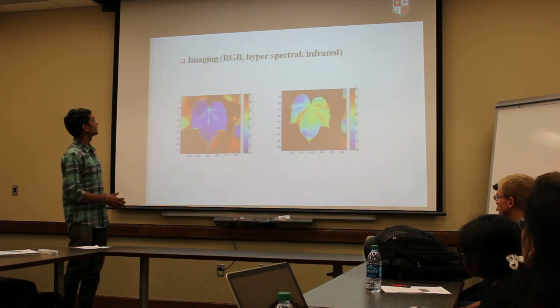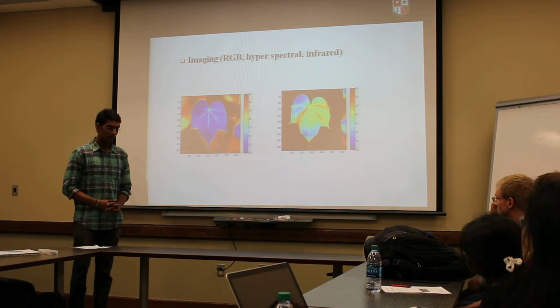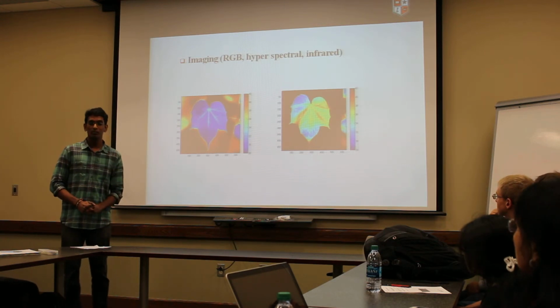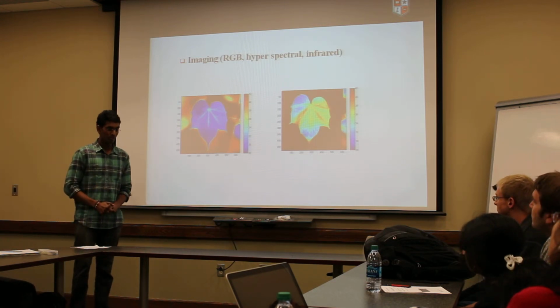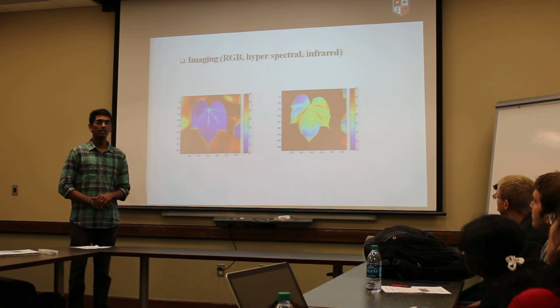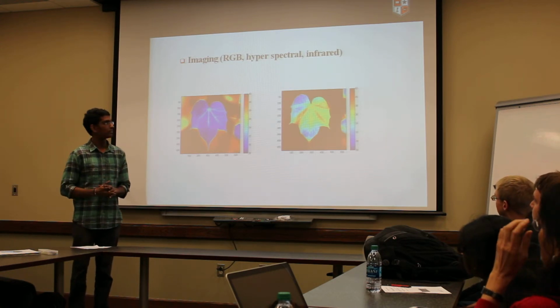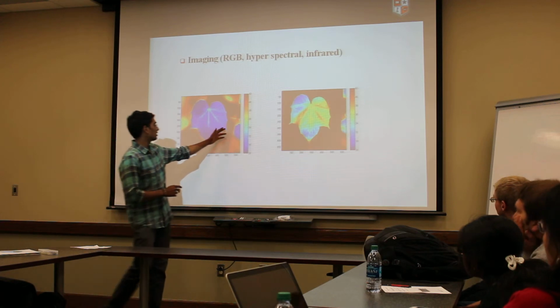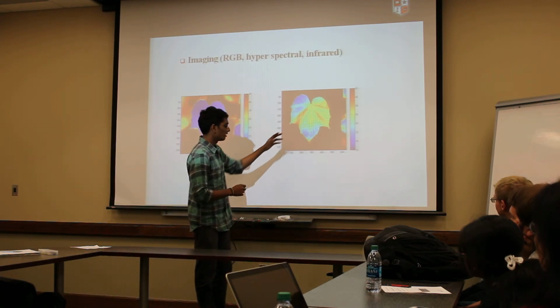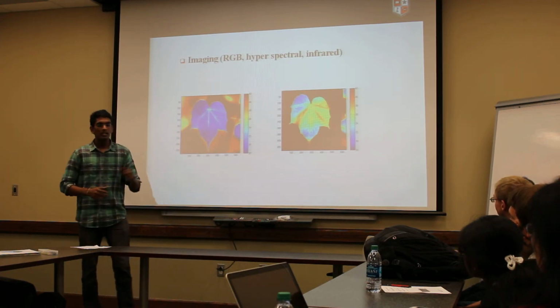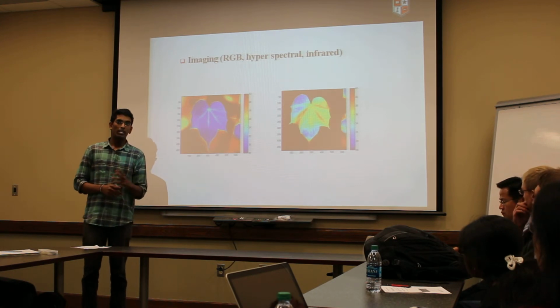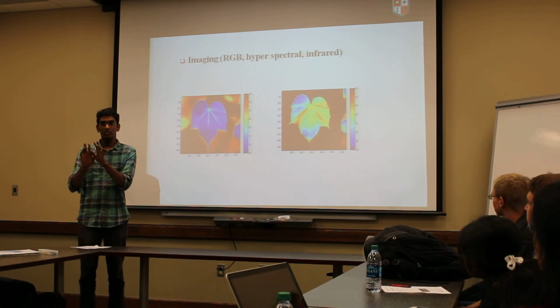Thank you. Next slide. And the next important task is imaging. We have various imagings that can be done on the plant to get a variety of information. Say these are the infrared images of a leaf. Basically, infrared imaging of a leaf gives us the moisture content and moisture distribution of the plant.